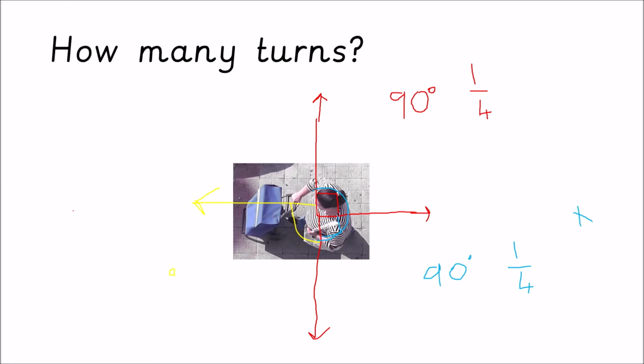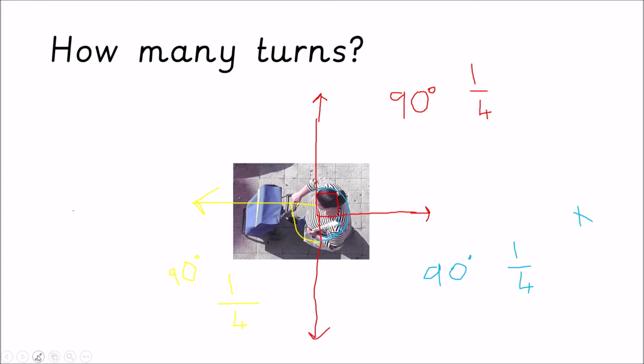So that's another 90 degrees. Now you don't have to worry so much about adding the degrees together at this stage in year 3, but you do need to know that that is 1, 2, 3 quarter turns there. So she's gone 3 quarters of the whole way around.